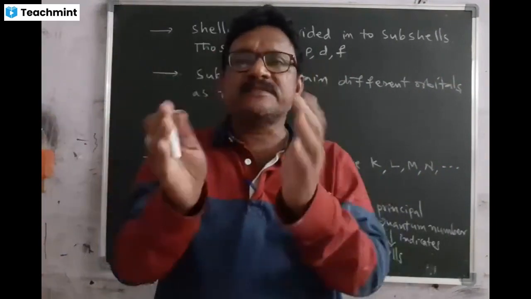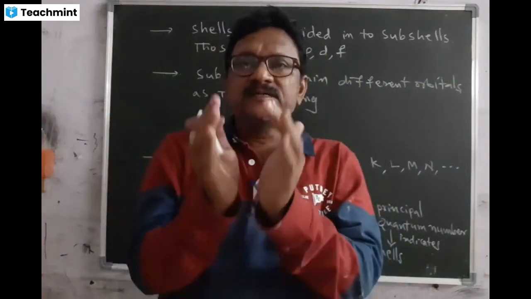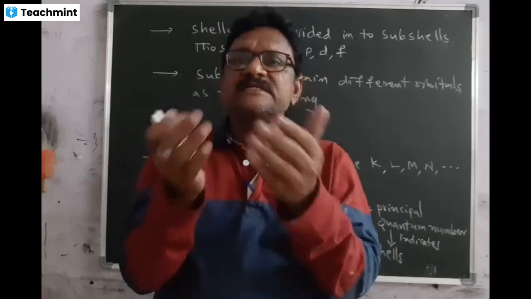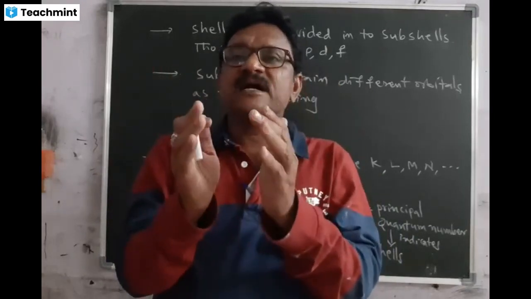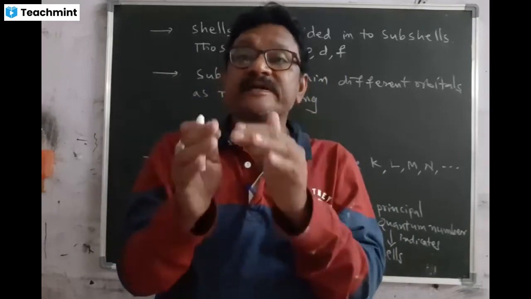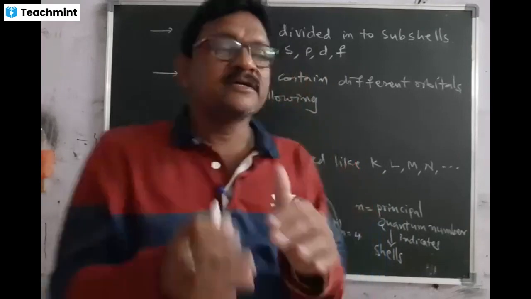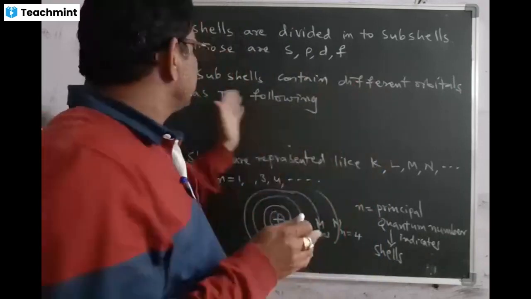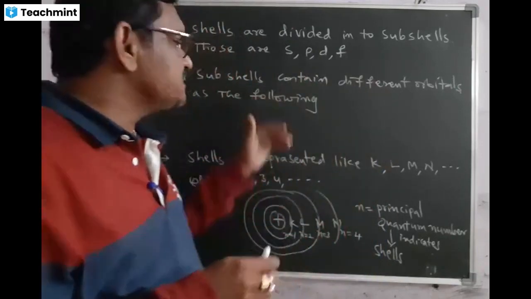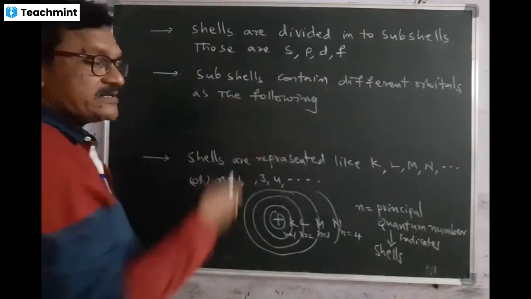The circular path of the electron we call a cell. Cells are divided into subcells. Again, subcells are divided into orbitals. So subcells contain different orbitals, which are shown below. So you write here. Come on, write it out.